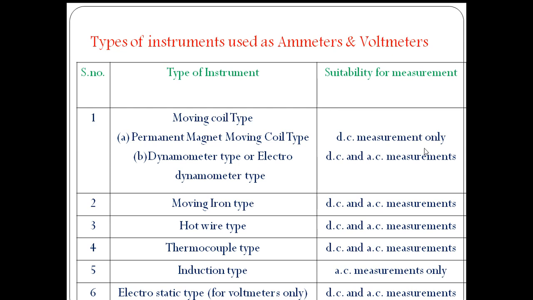The next type of meter is the dynamometer or electrodynamometer type meter, and it is used for both AC as well as DC measurements. The next one is moving iron type, which is mainly used for both AC and DC measurements. The next type is the hot wire type instrument, which is used for both DC as well as AC measurements.